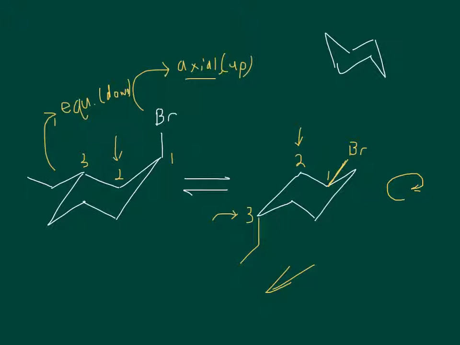If we follow the carbons here and put 1 here, 2 here, and 3 here, I still draw the same things: the bromine is in an equatorial position on carbon 1, and the ethyl group is in an axial position on carbon 3. So here, up and down hasn't changed at all.